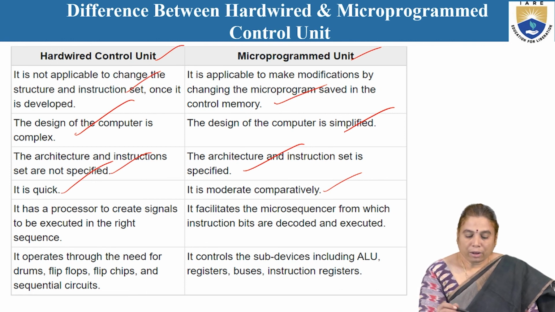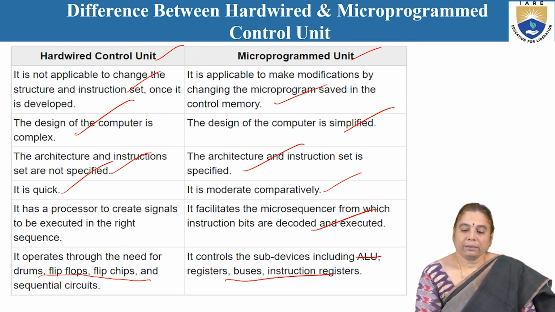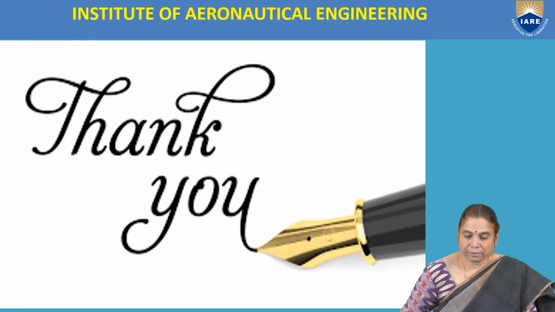In the control logic, the processor creates signals to be executed in the right sequence, but in the microprogrammed unit the instruction is decoded and executed. Hardware control operates through gates, flip-flops, all these electronic hardware elements. But in case of microprogrammed unit, ALU, registers, buses can be used for the execution of the instruction. So these are the two varieties of control unit designs.